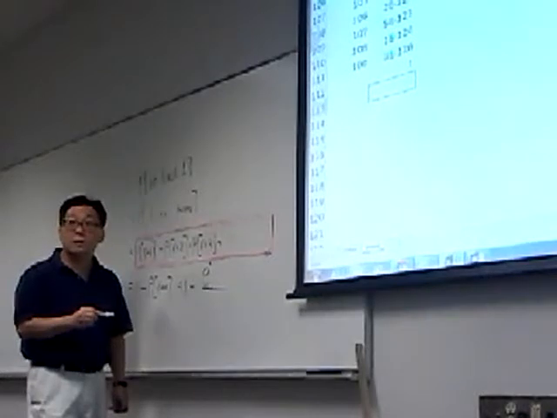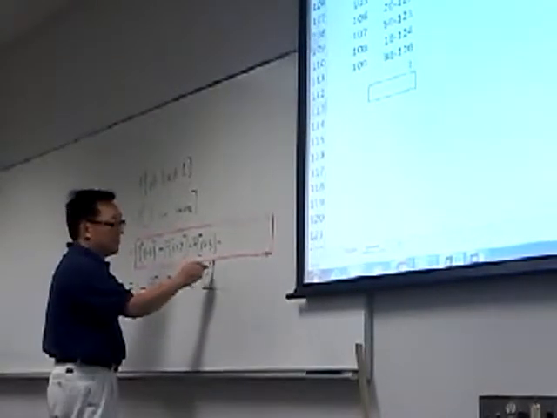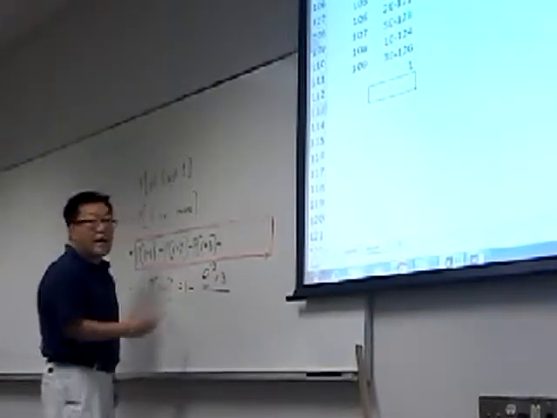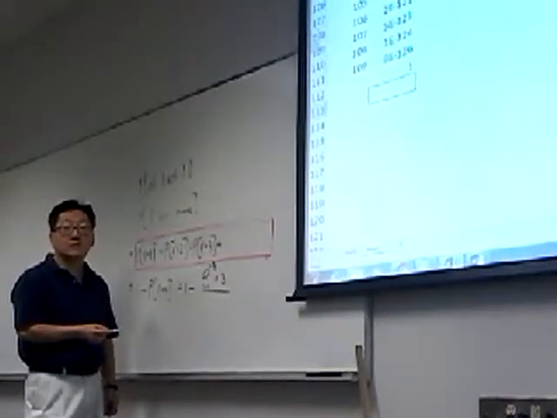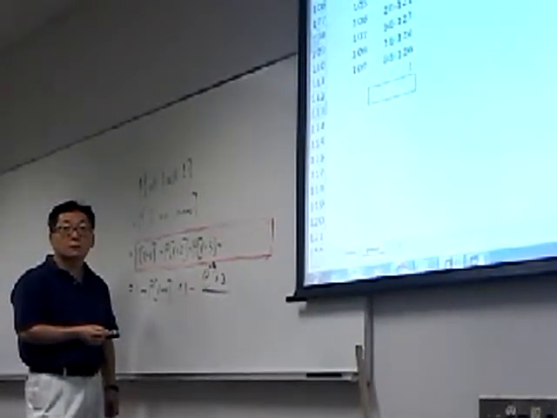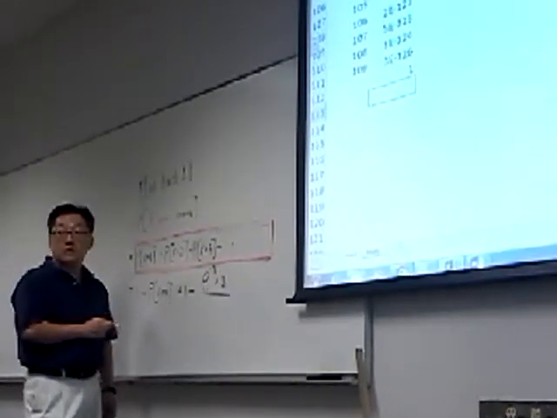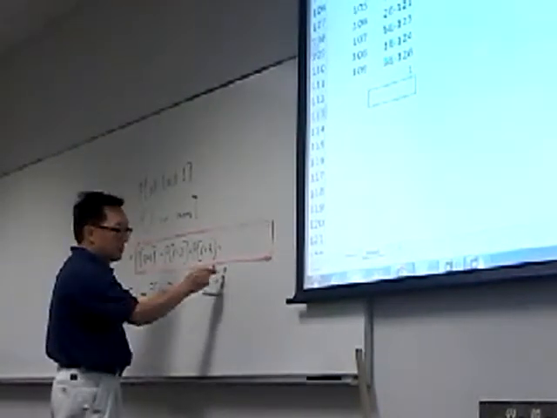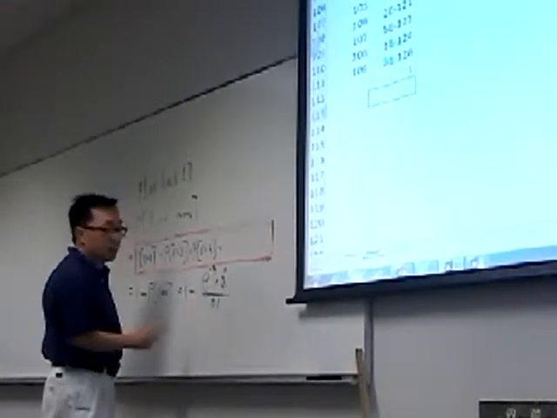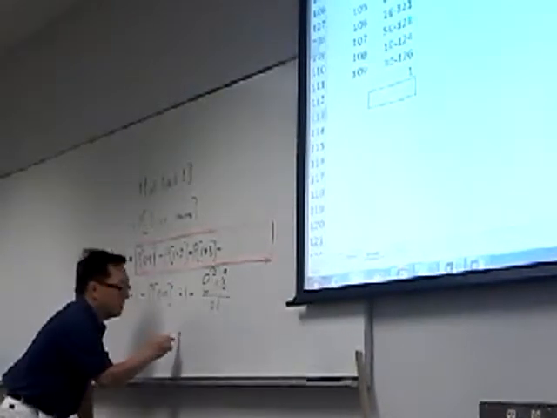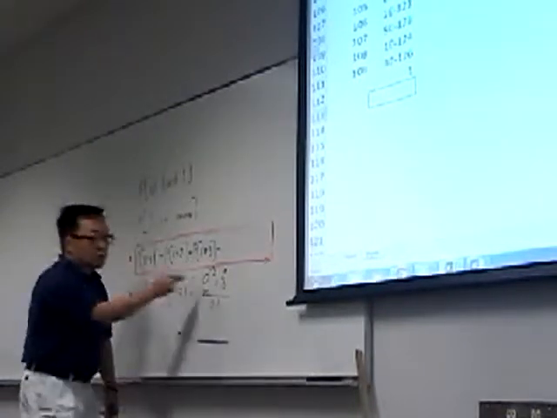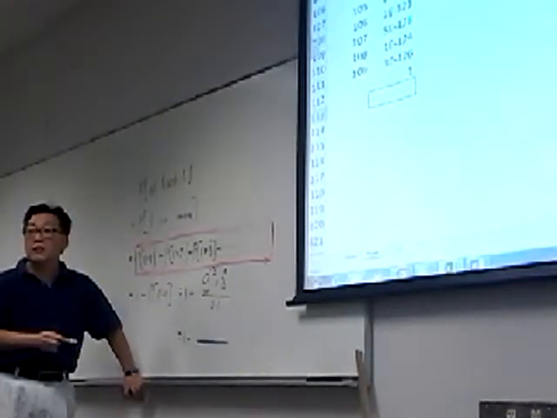How much was the lambda? 3. Now, how much is the x? X equal to 0, and x factorial. Can you tell me how much was e to the negative 3?